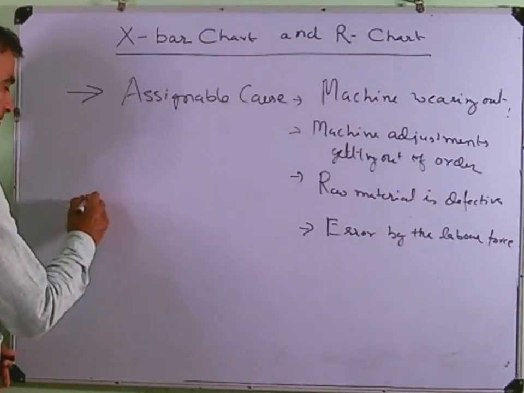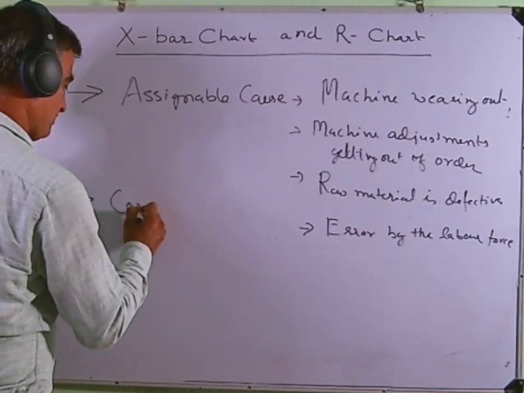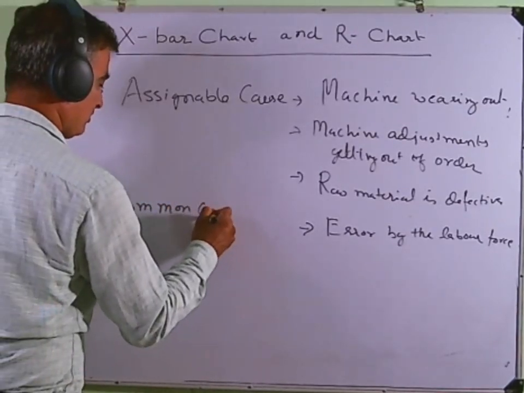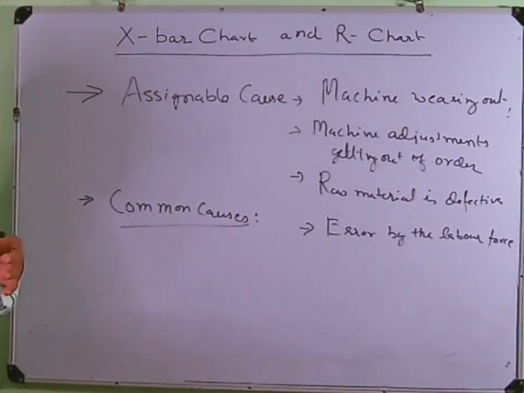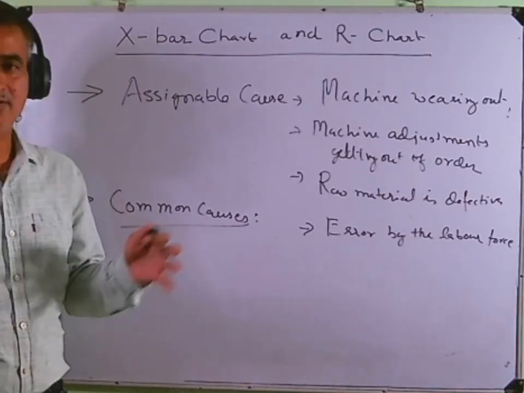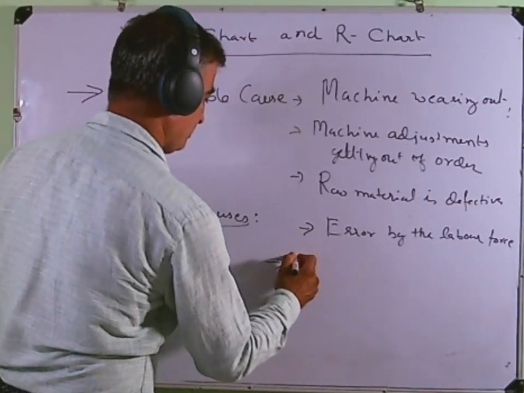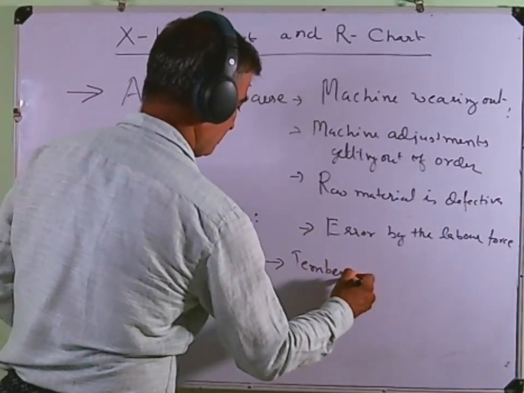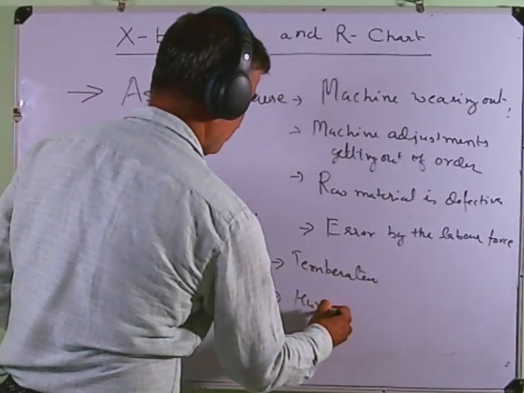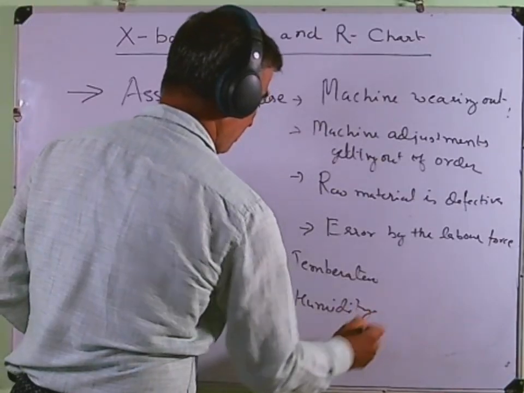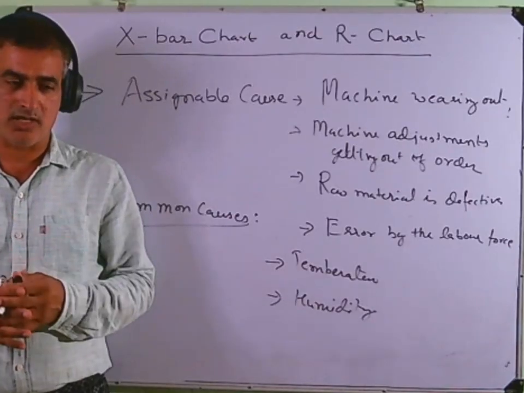The second type of causes is called common causes. These common causes are mainly because of some environmental factors like temperature, humidity, or some of the other causes that actually lead to the poor quality of product.